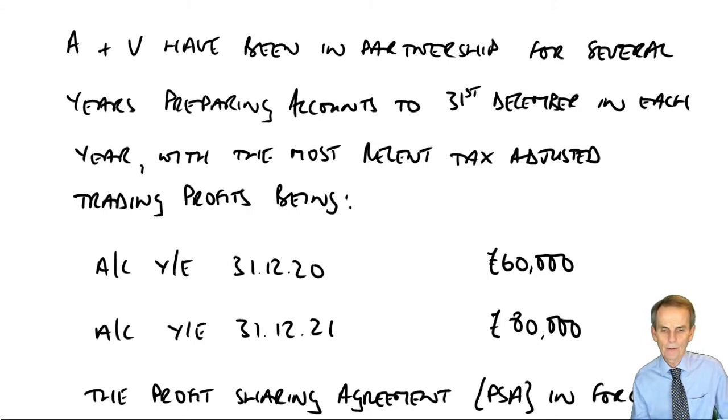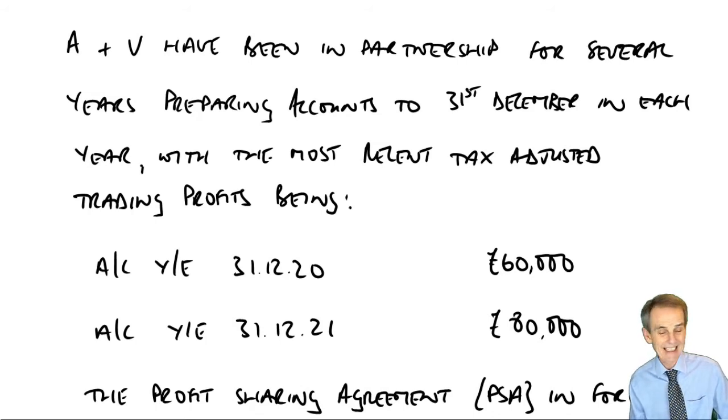Now, important there that the partnership has been running for several years, because once we have established the tax-adjusted trading profit of the partnership, divided that profit between the partners, so we know each partner's share of the adjusted profit, that is the profit to be assessed using the relevant basis of assessment for these unincorporated traders, these partners.